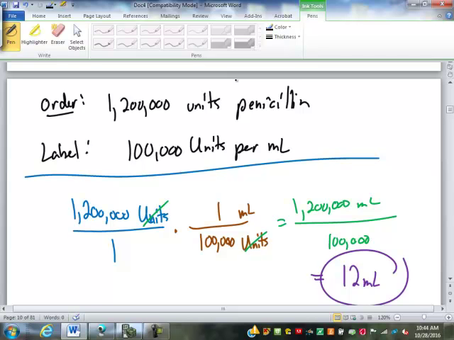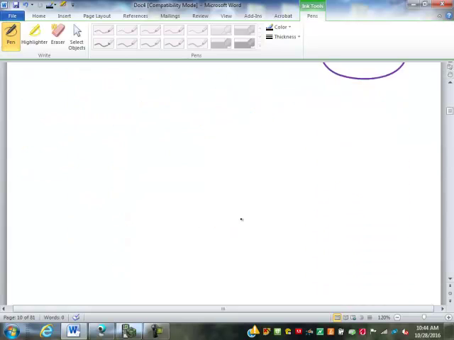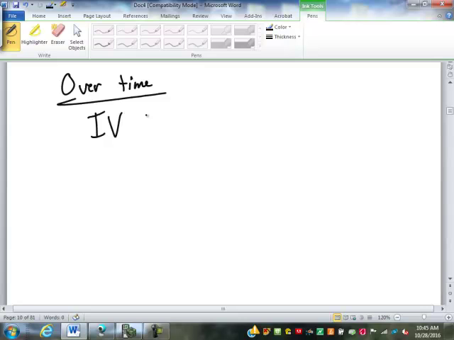Okay, so our next step is to start looking now at, rather than administering this in a single dose, what happens if we're going to administer it over time? And of course, if you're going to administer a medication over time, you're looking at an IV. So we're going to be talking about IV flow rates.